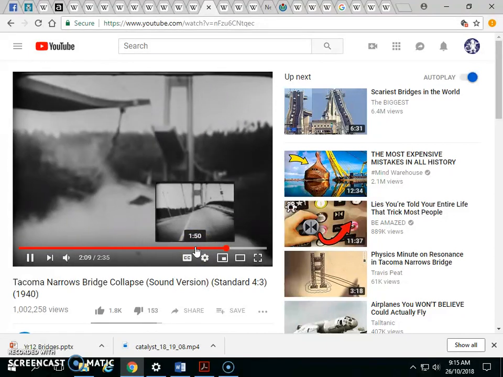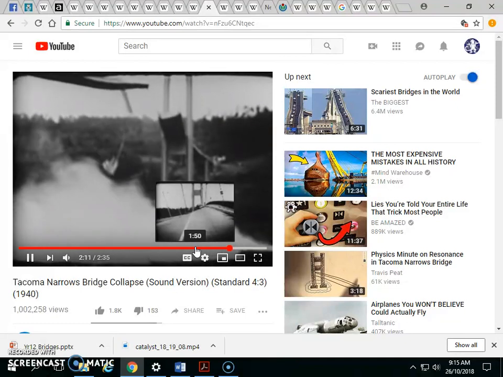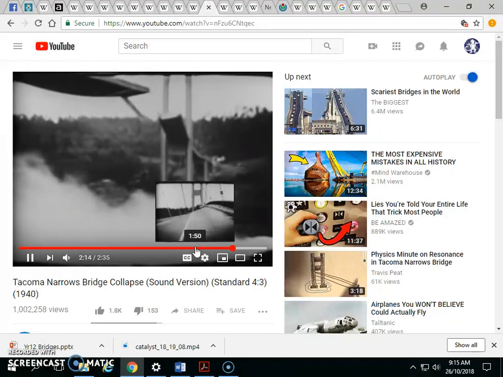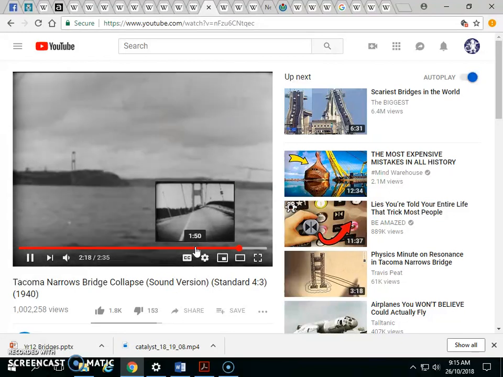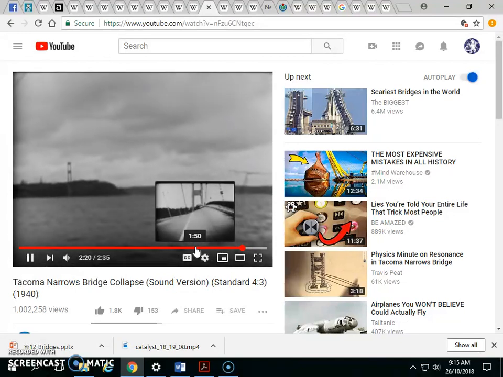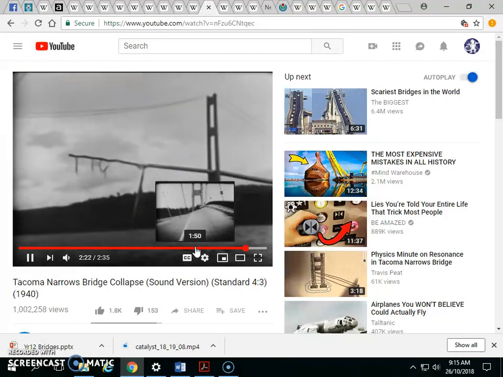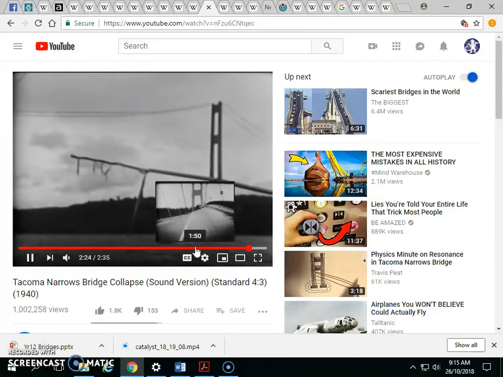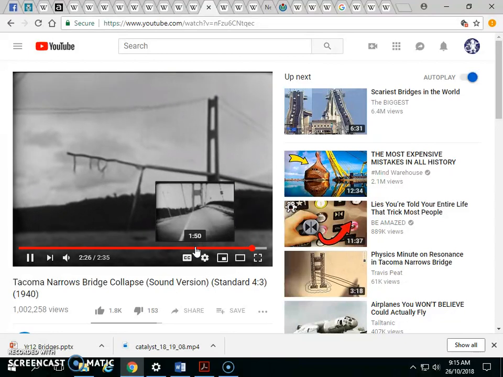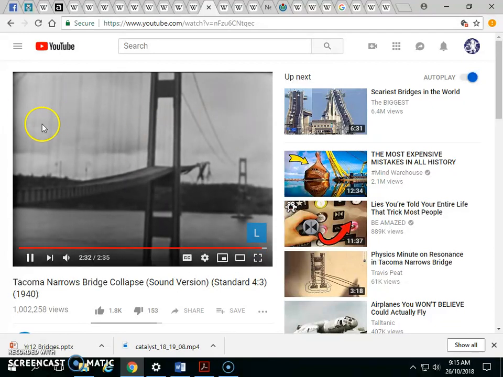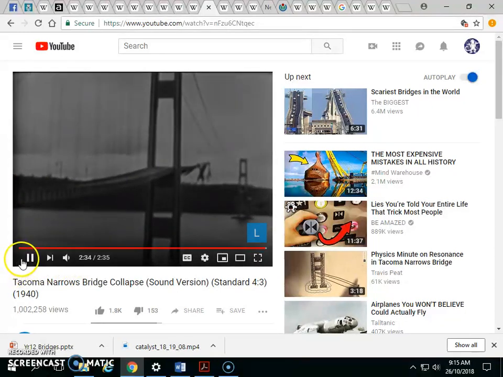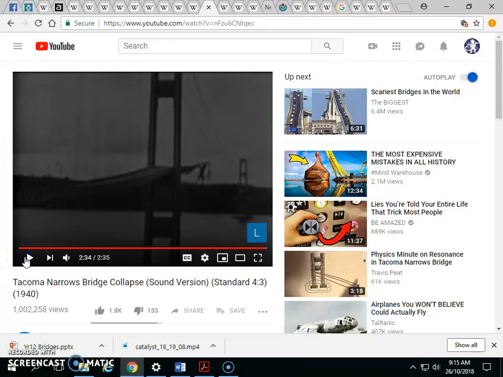I don't really go into harmonic motion and resonant frequencies, which is more a mechanical engineer problem. But this bridge failed not because it wasn't strong enough, but because it couldn't take the deflections. Because it was such a long span and didn't have enough support in the cables, it was able to sway to such an extent that it destroyed itself.